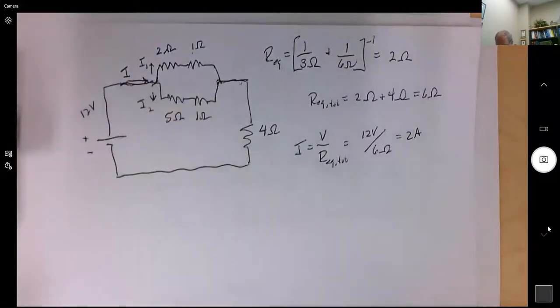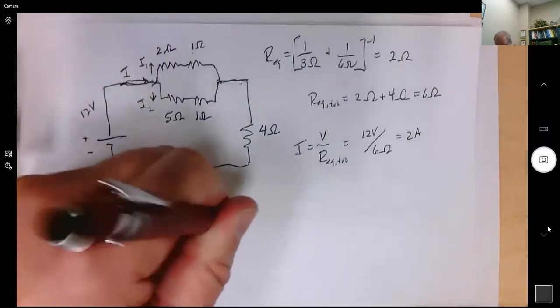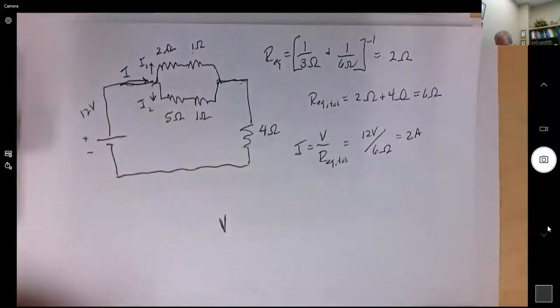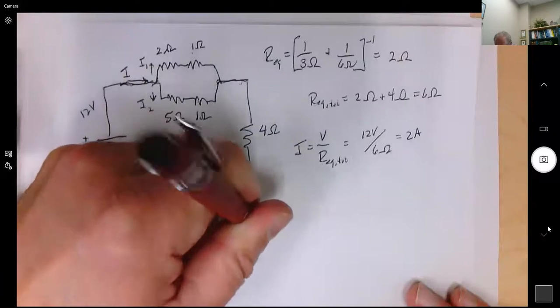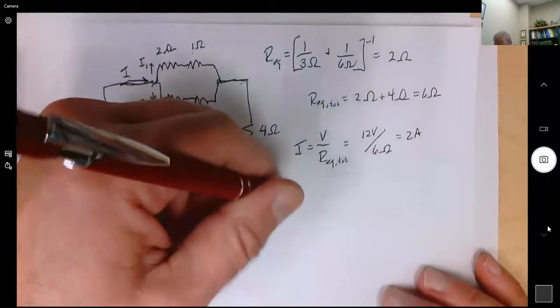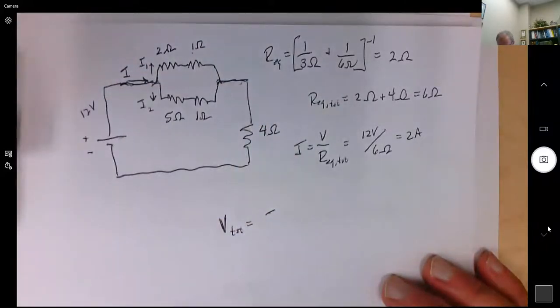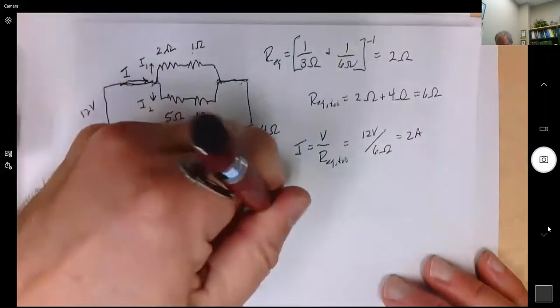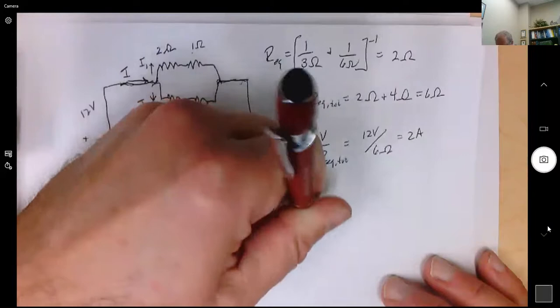So the voltage over this total element is just the current going in times the equivalent resistance.